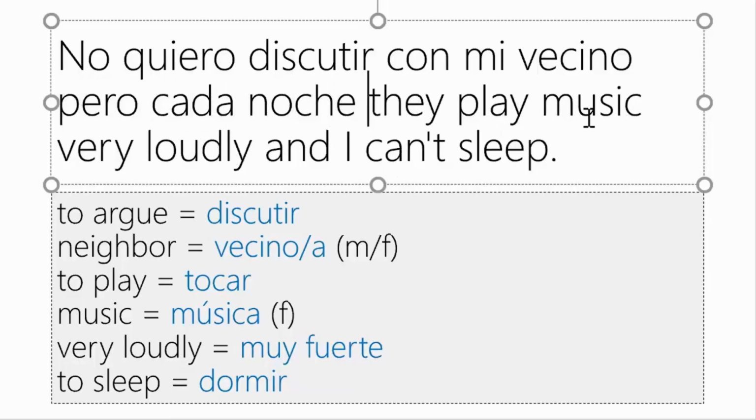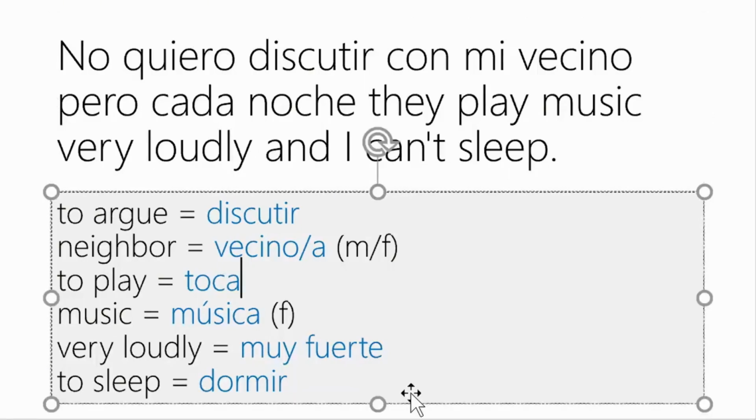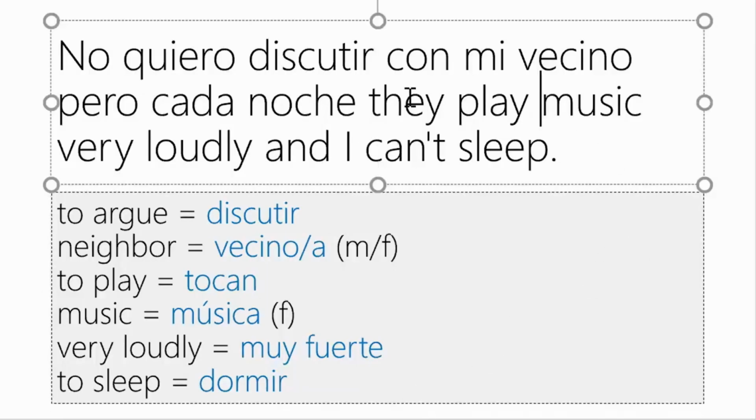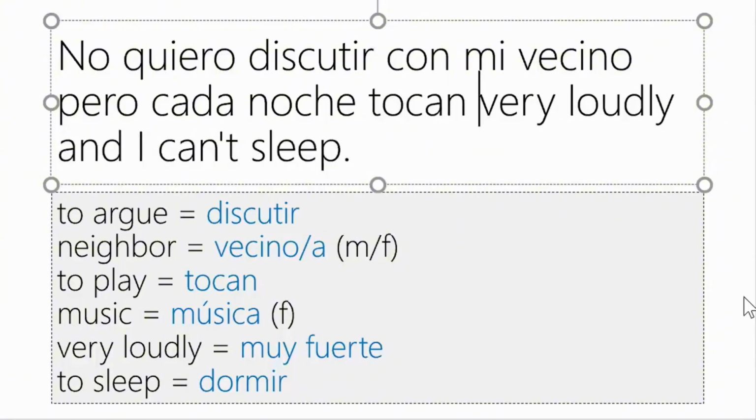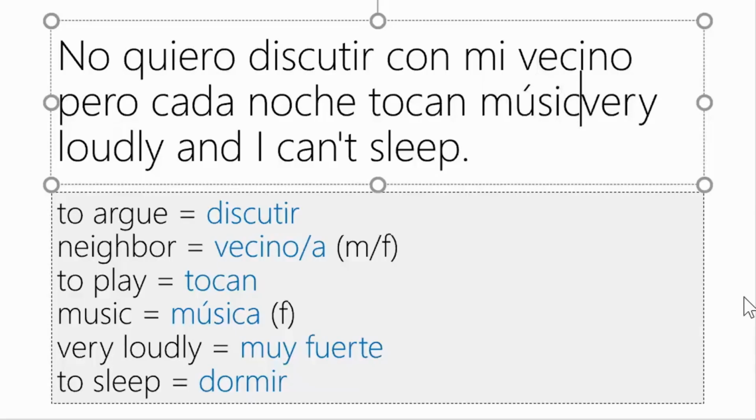Now, they play music. So here we have the verb to play, tocar. They play, tocan. So they play music, tocan música. Very loudly, muy fuerte. Literally very strong.